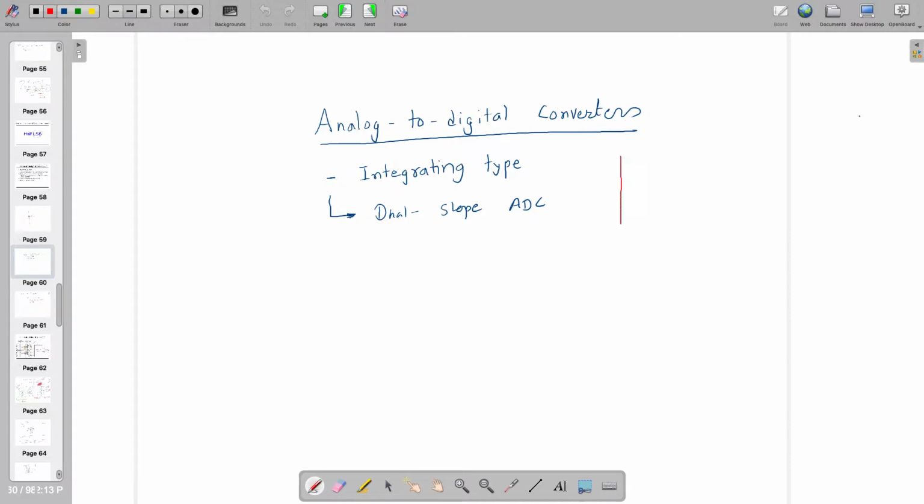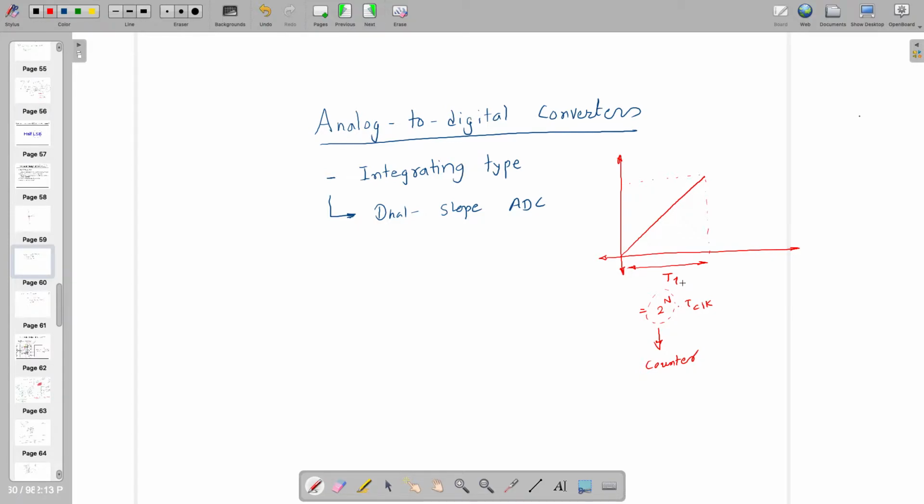If you remember, we were trying to ramp up the signal for a fixed amount of time. That T1 was depending on 2 raised to n times T clock, where n is the number of bits which you want to evaluate, and 2 raised to n times you are running the counter, and you integrate with the assumption that it has the constant current.